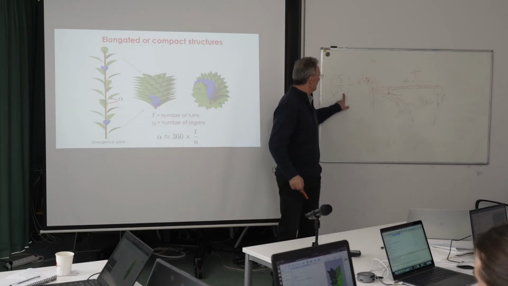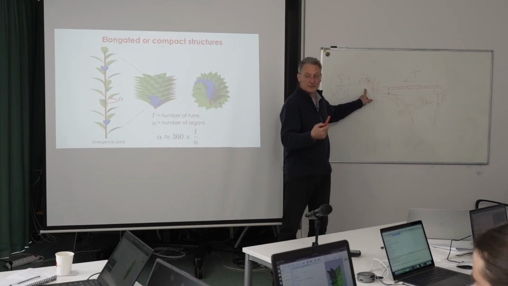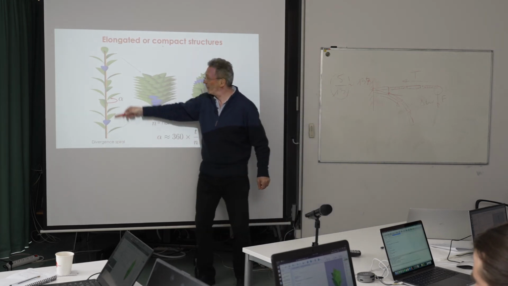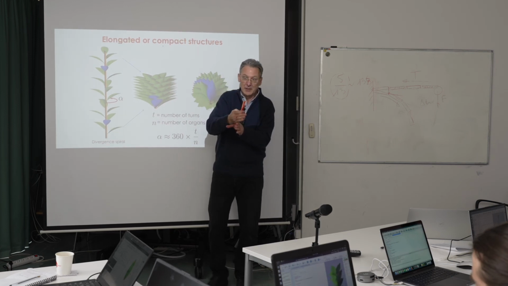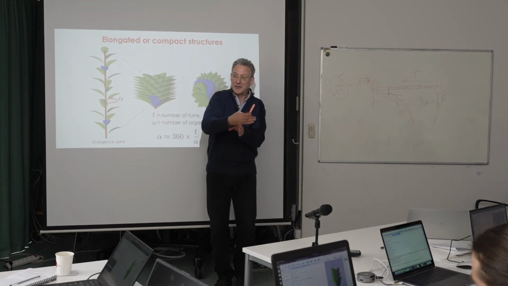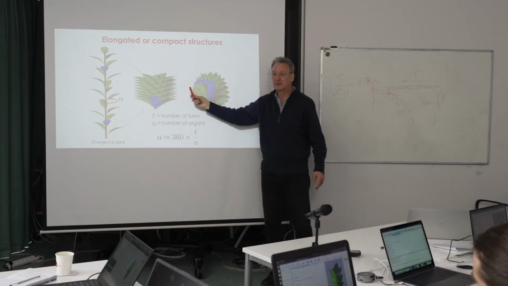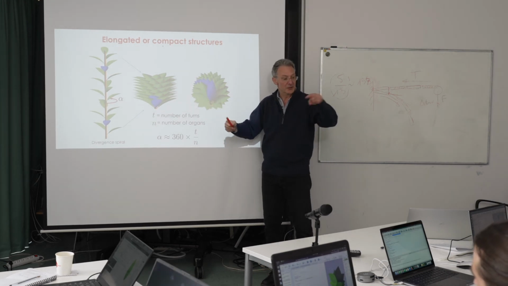Because this is not exactly commensurable with the number of turns. So each time you come back to the approximate position of the previous leaf, you shift a bit. But this shift will always be in the same direction because it is always the same approximation. That is why you have these spirals in plants.